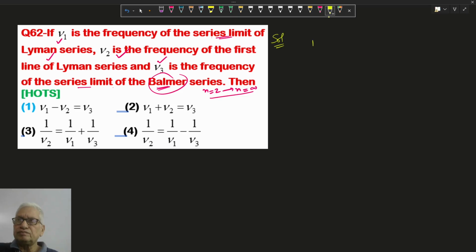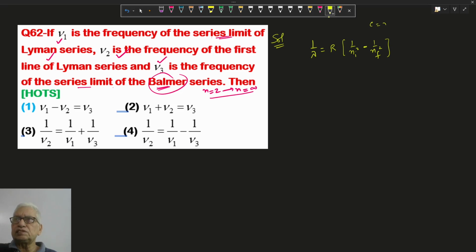Here we know 1 by lambda equal to R (1 upon ni square minus 1 upon nf square). The emission or whatever energy comes negative, the same energy applied will move from lower to higher orbits. So we can write nf minus ni, and we will take it as y2. So this is the wavelength.